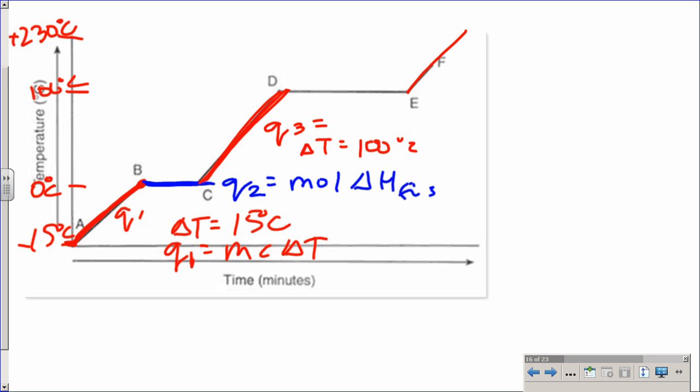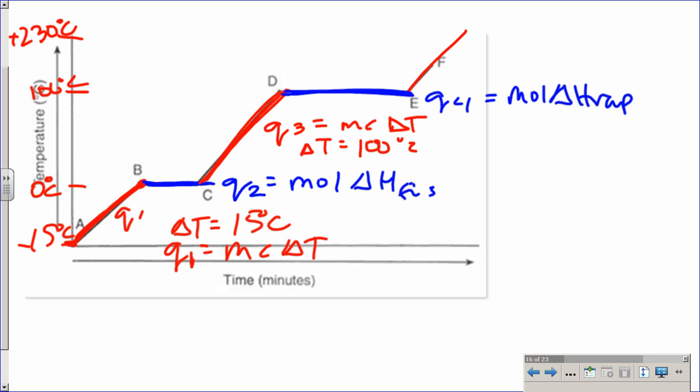What equation? mcΔT again. Okay, and then what's happening now? Vaporization. So we have a Q4, which can be accounted for by what equation? Moles times what? ΔH vap, because that's the vaporization one.